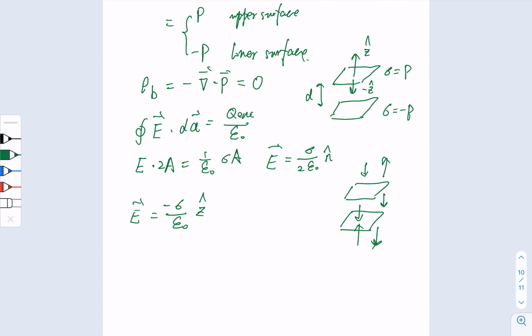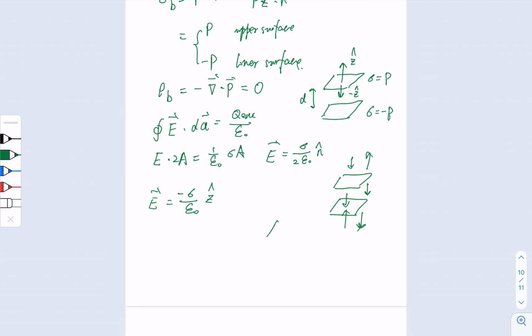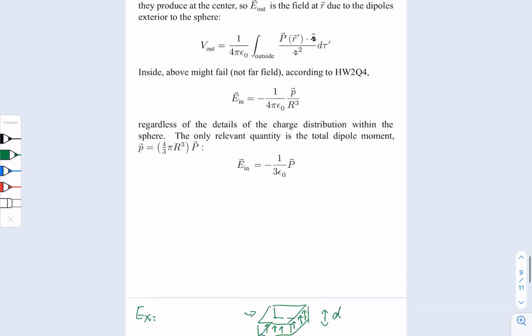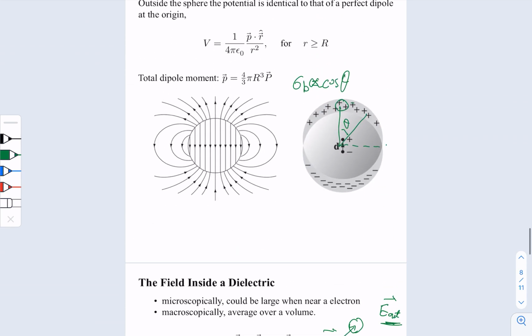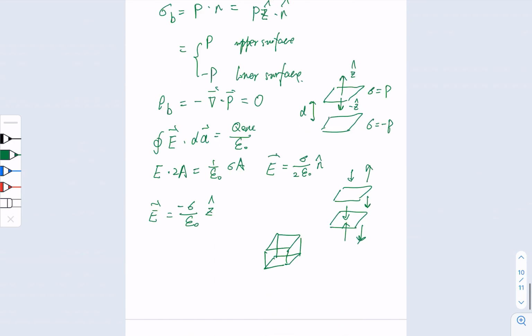So for this kind of material, there will be only electric field within this slab, and this is quite different from the uniformly polarized sphere, where there might be dipole fields leaking outside.